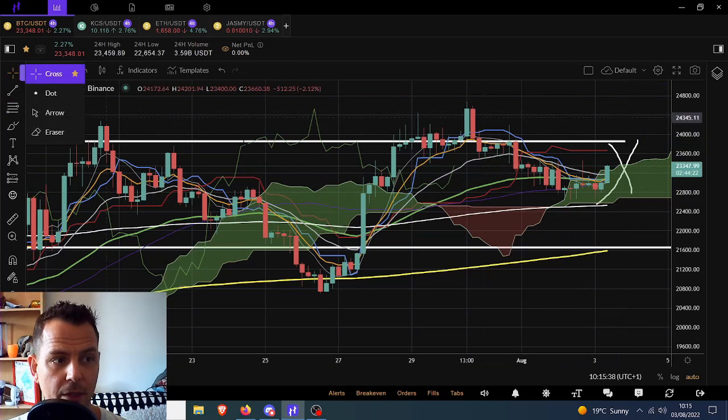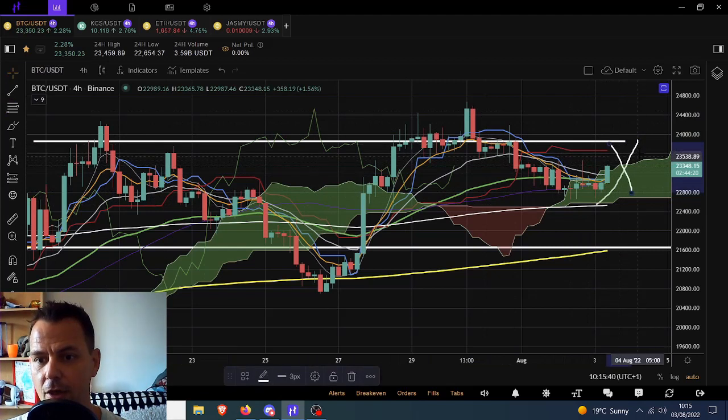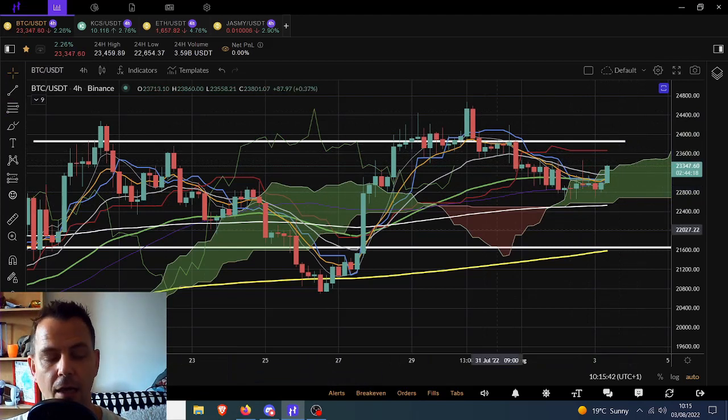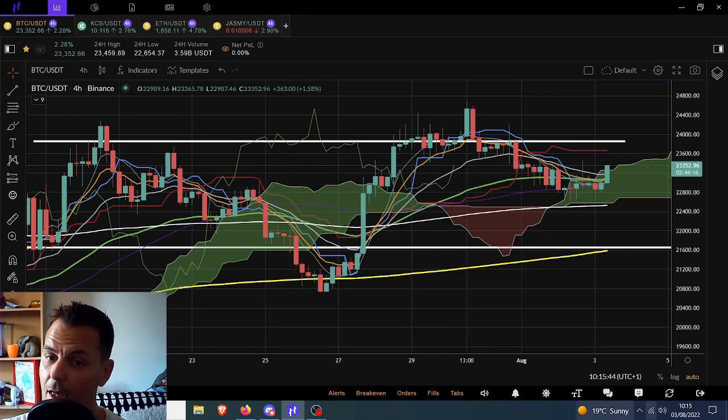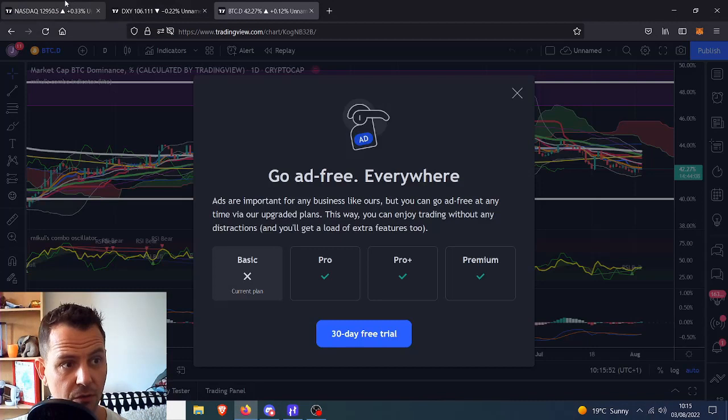So right this very moment, it is trying to decide what it wants to do. Even though we've got targets to the up and targets to the down, this is a no man's land kind of area. Although I do favour the higher time frame momentum, which is worth talking about.